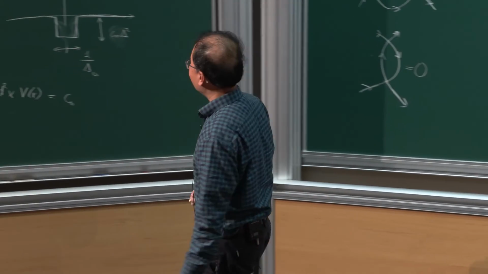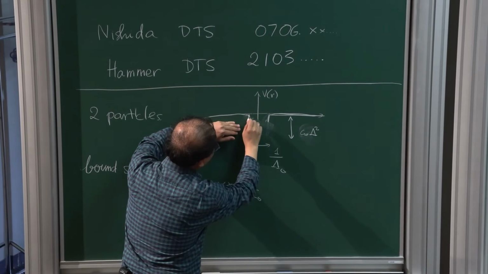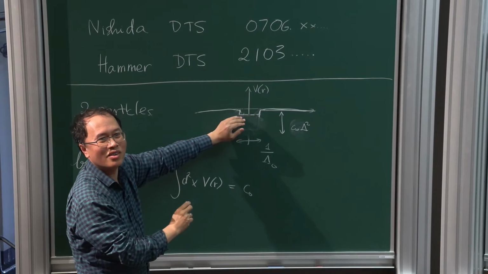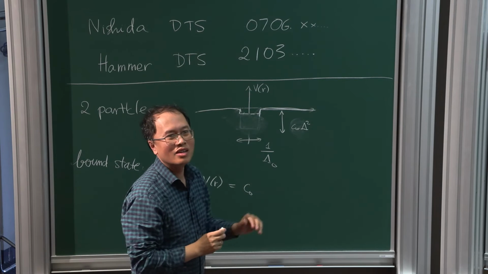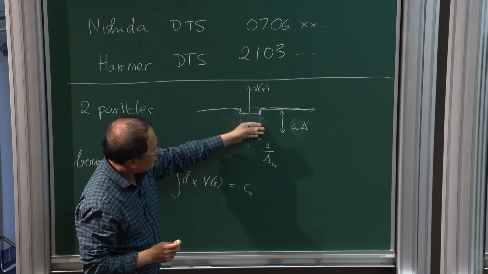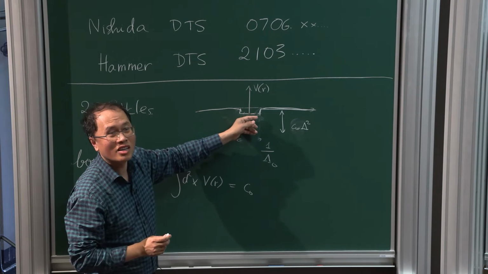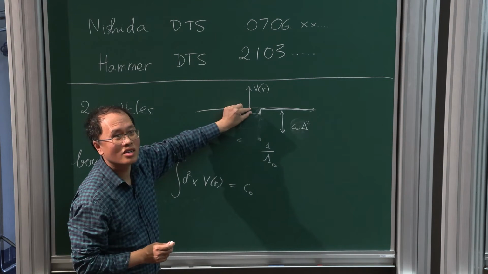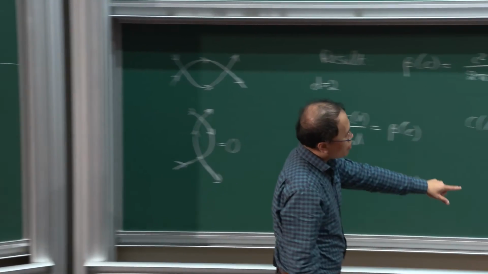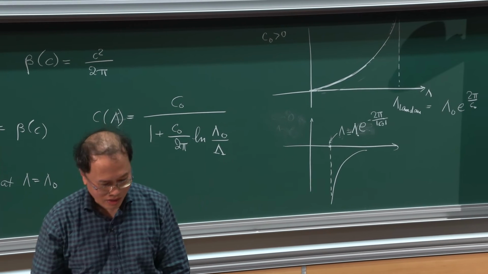There is always a bound state, even if the potential is extremely weak. It just needs to be negative, and then you get a bound state. The binding energy depends exponentially on the depth of the potential, reflecting this exponential behavior of the strong coupling scale in RG.